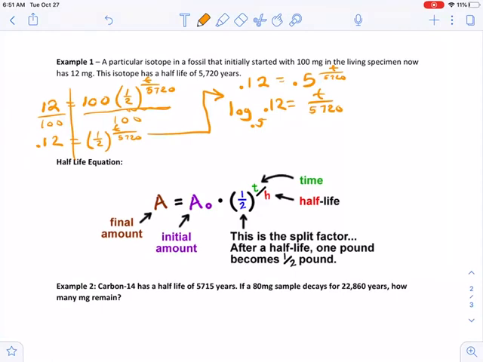So log 0.12. Here I'm getting, on my left-hand side, 3.058 equals t divided by 5,720. And then I'm going to multiply by 5,720 on both sides.